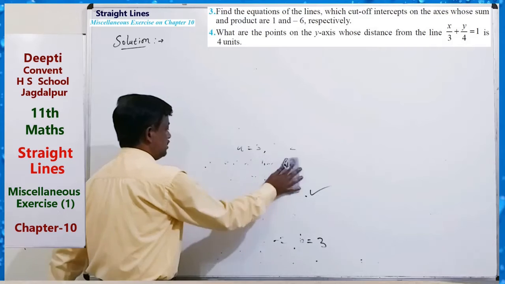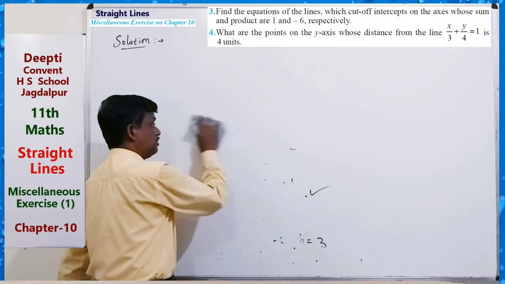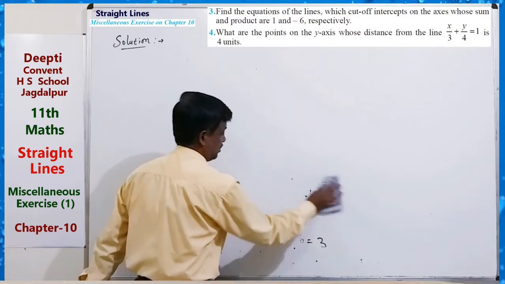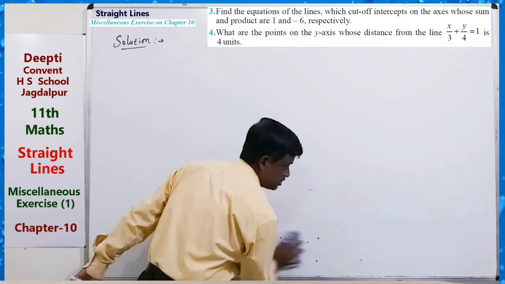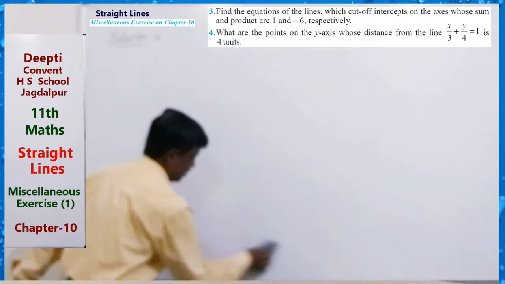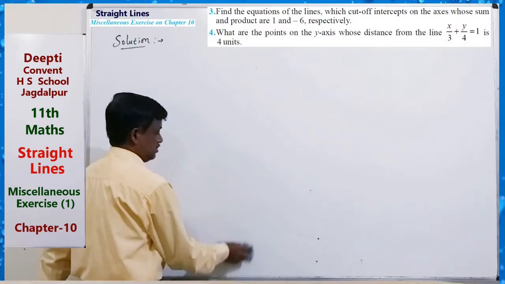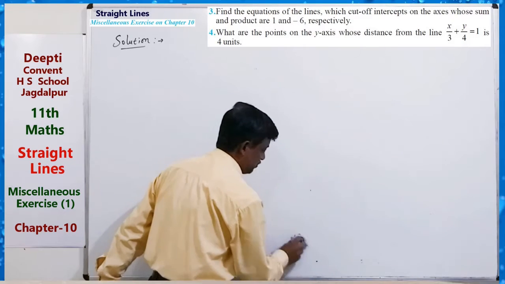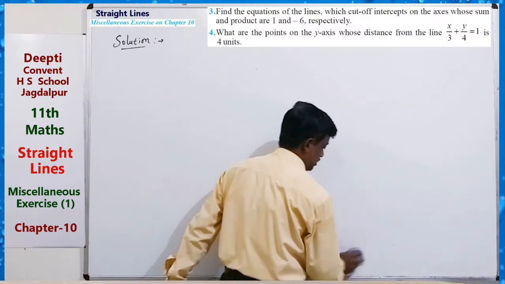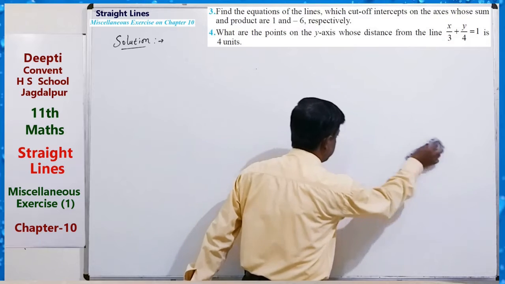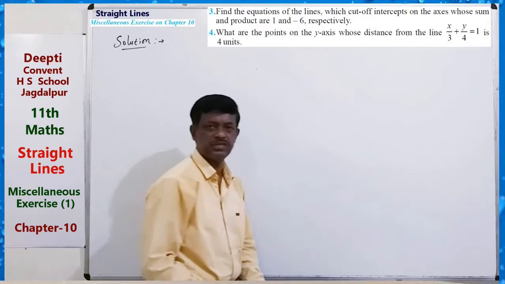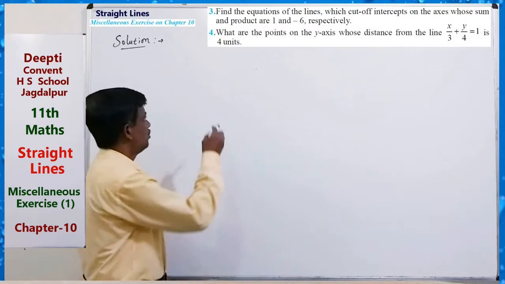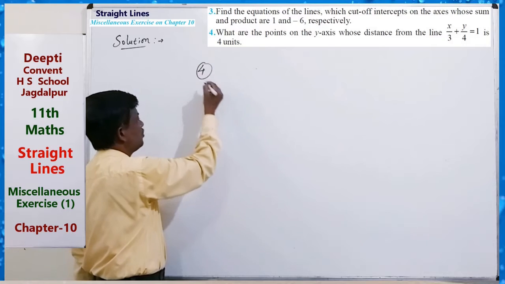And the distance of that point is given as 4 units. A line is given. We know the distance formula of a point. Very simple question. Question 4. How can we solve question 4?